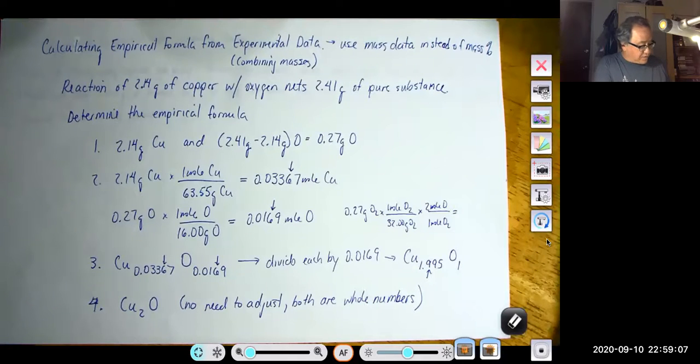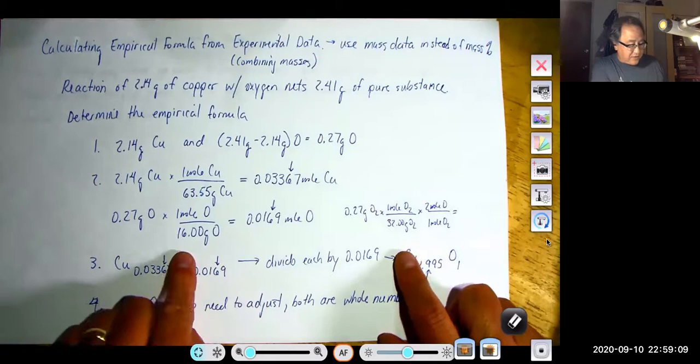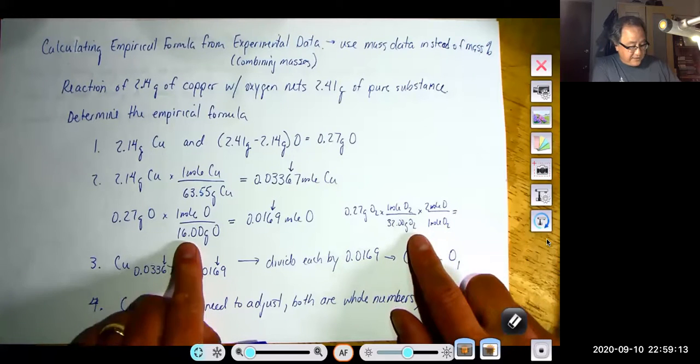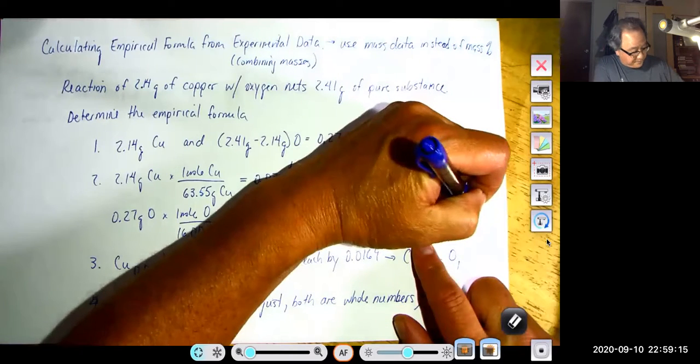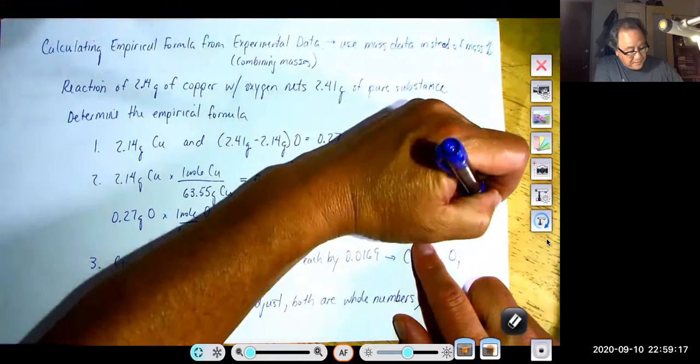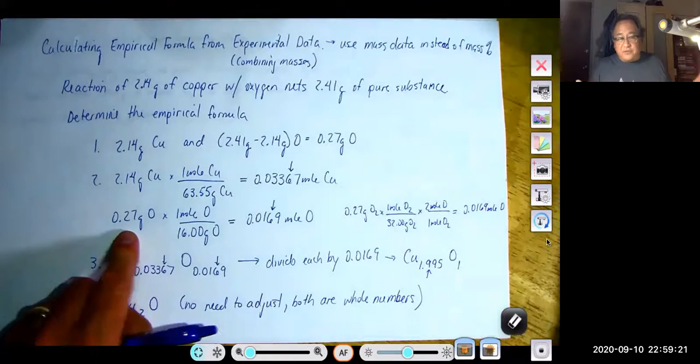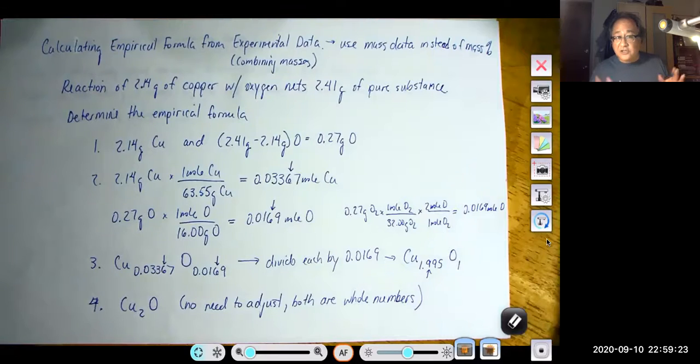So when we do all this multiplication, can you see that 2 divided by 32, put 16 on the bottom here? Just like that, you get the same answer. So that's why I assume that we just put 0.27 grams of oxygen in there, single atoms of oxygen, when really it was O2 that reacted.